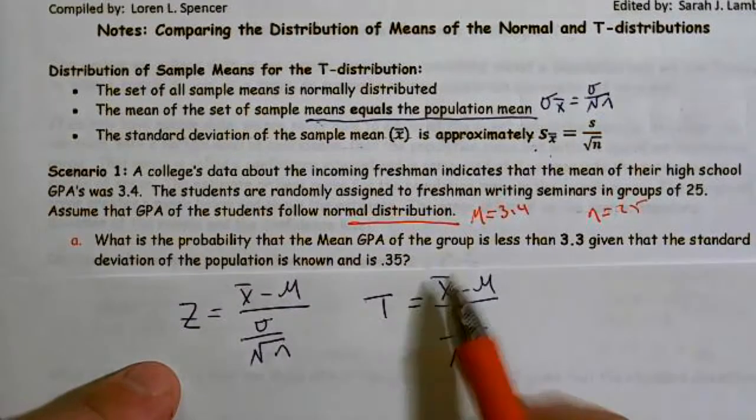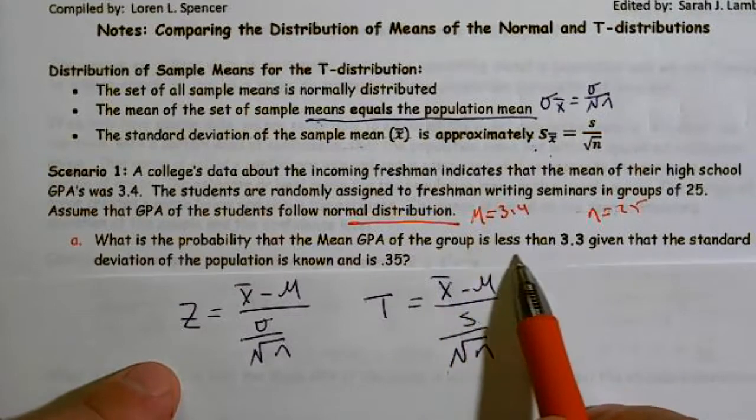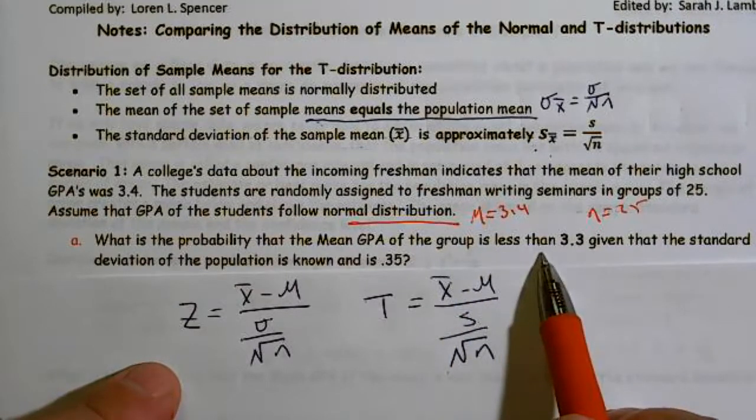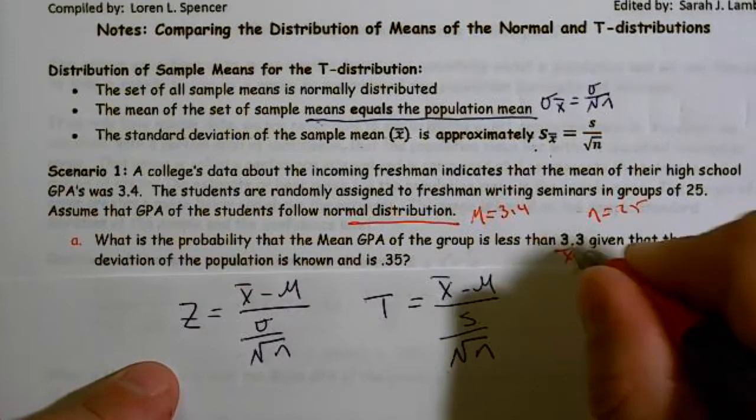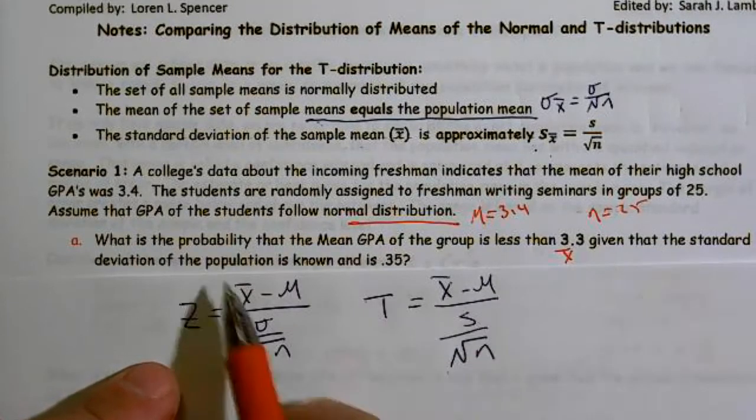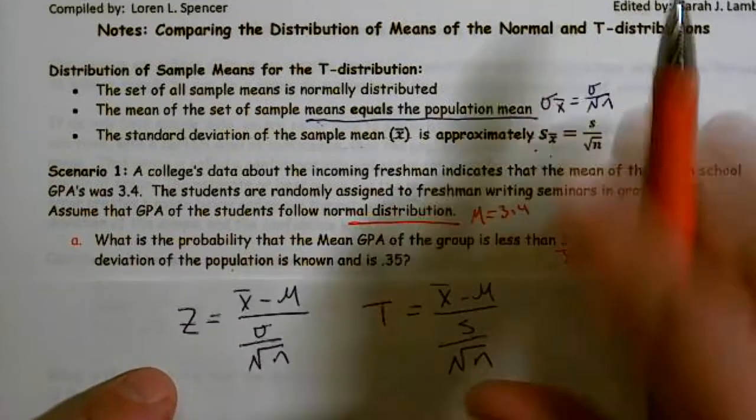What's the probability that the mean of the student group is less than 3.3? So they want to know the probability that X bar is less than 3.3, given the standard deviation of the population is known as 0.35.